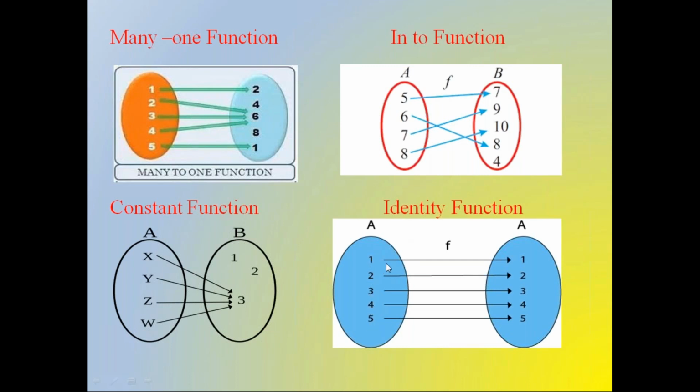So we can form a relation capital R equal to the set of all ordered pairs (1, 1), (2, 2), (3, 3), (4, 4), (5, 5). Otherwise, if you have drawn a mapping f from A to A, 1 must be related to 1, 2 must be related to 2, 3 must be related to 3, 4 must be mapped into 4, 5 must be mapped into 5. So in this way, if it satisfies, we can call it the identity function.